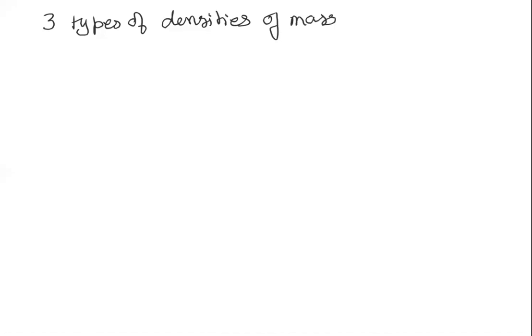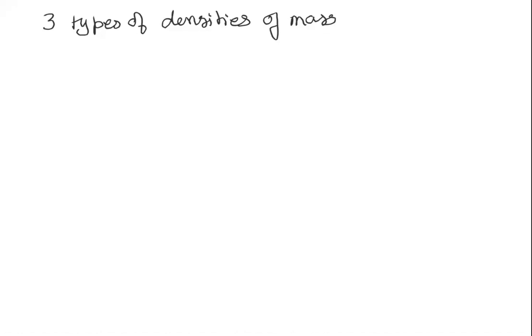Now, in your journey up till class 10 you have heard about only one type of density. In reality, density is a very generalized concept and is applied in a spectrum of situations. So we can talk about density of mass, we can talk about density of energy.